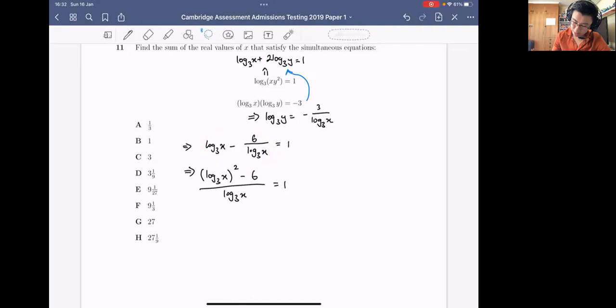Then multiply by log 3 of x on both sides to move this up here. I'll just do that in one line. I don't want to risk having no space left.